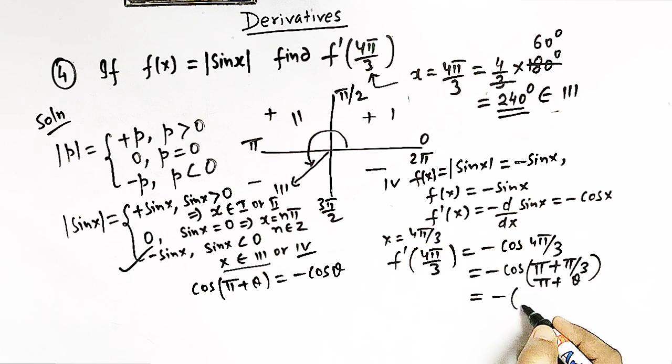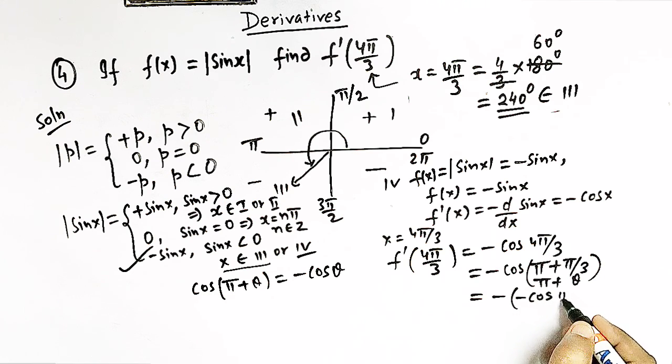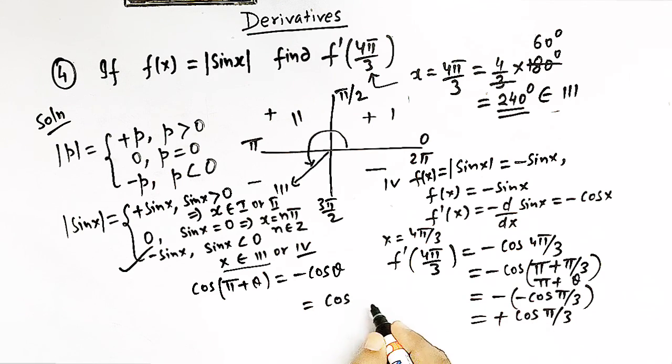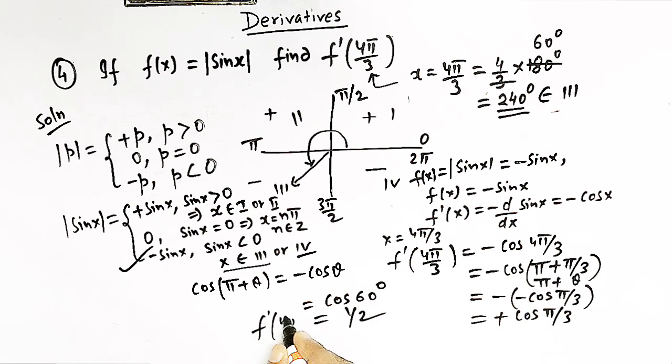So we have now minus cos pi by 3, and this negative multiplied with this negative becomes positive. So we have cos pi by 3, and cos pi by 3 is cos 60 degrees, that is equal to half, right? So f prime of 4 pi by 3 is equal to half.